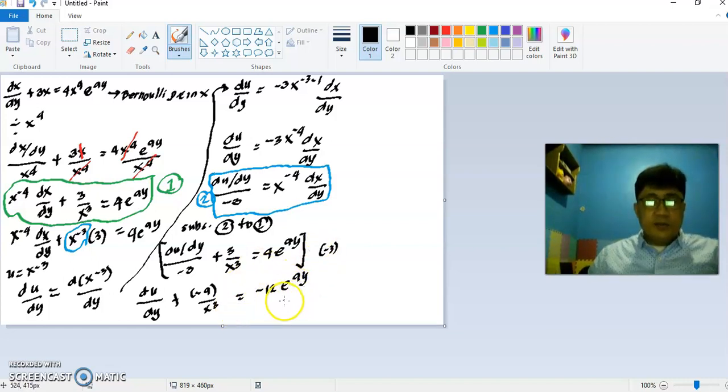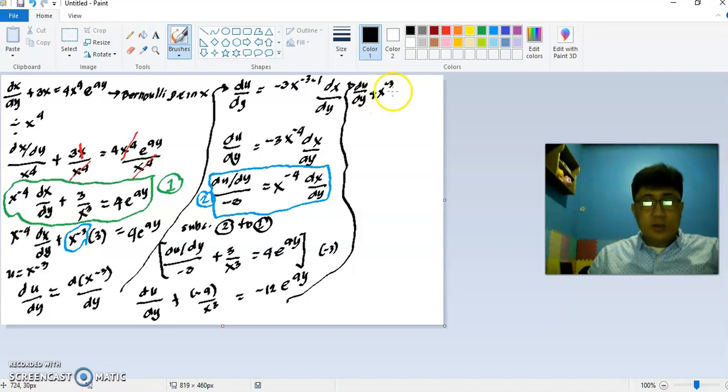So after that, hopefully it fits. If not, we'll move it to the other side. So after that, we will have du over dy plus, raise this one up. So we have x raised to the power of negative 3, then your negative 9, because this will stand as our p(y), is equivalent to negative 12 e^(9y).